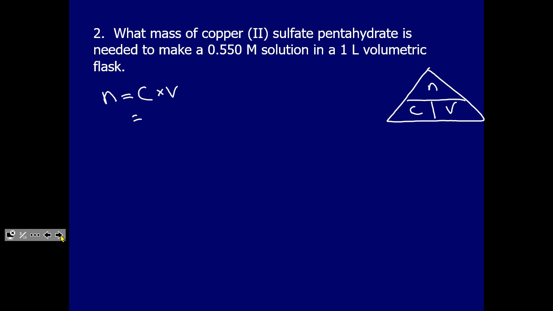In other words, I know it's exactly 1 liter all the way down to the milliliter. How should I express that 1 to 4 digits? The C is 0.550 molar, capital M, and the volume to 4 significant digits. How should I write that?